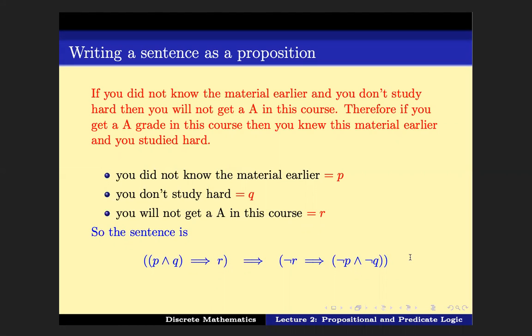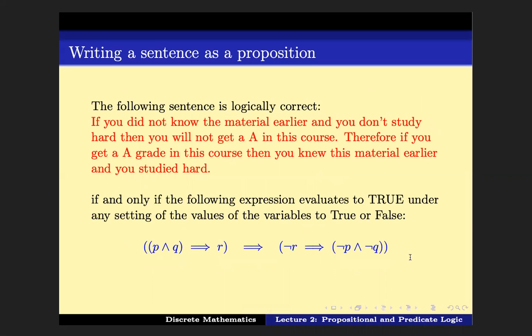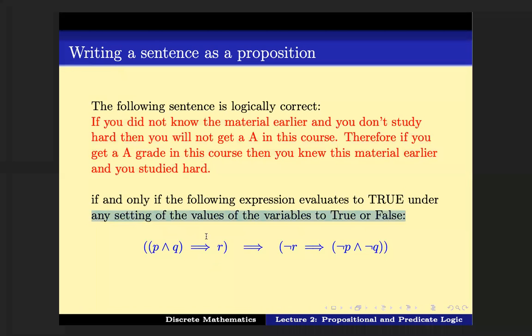Does it evaluate to true or to false? This sentence has been written here, and the idea is that this statement is true if and only if, for any setting of the variables to true and false, this sentence is correct.